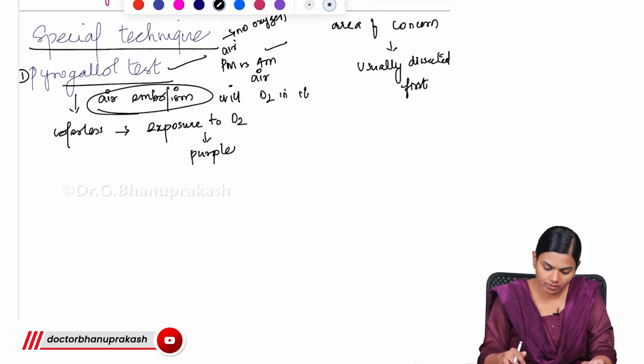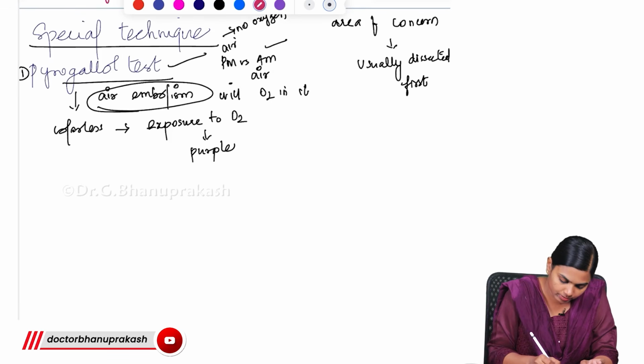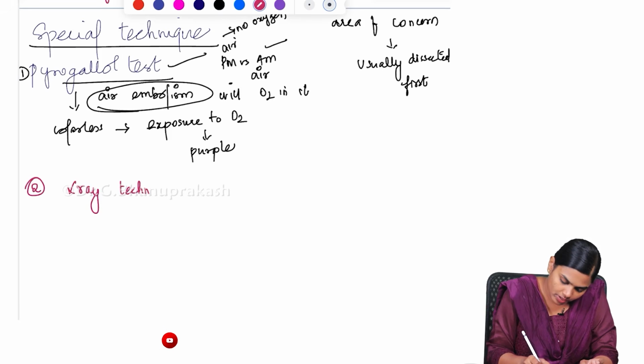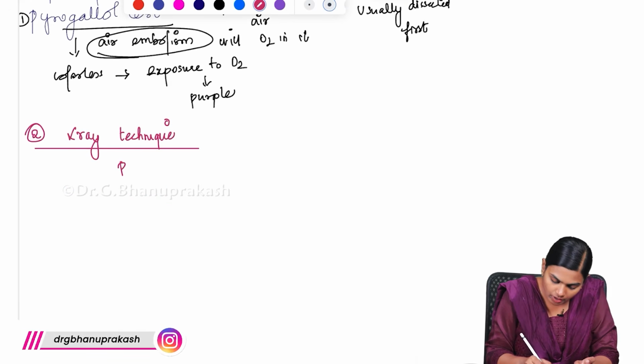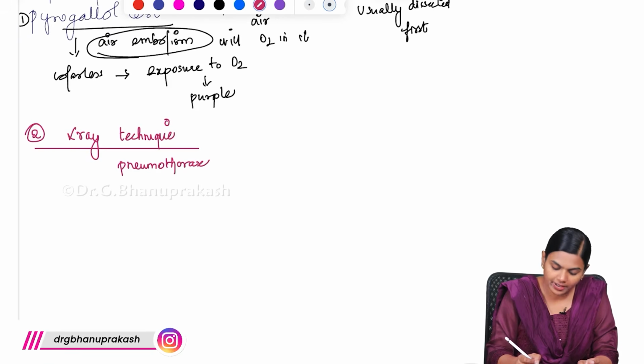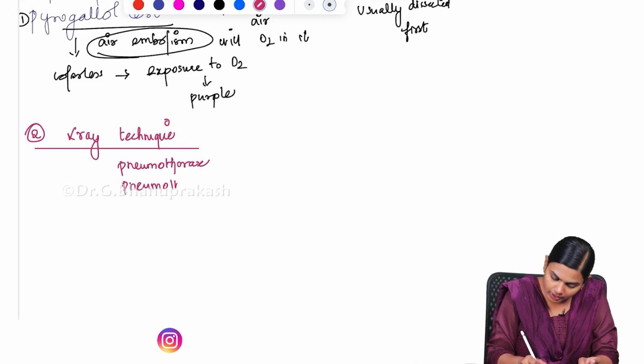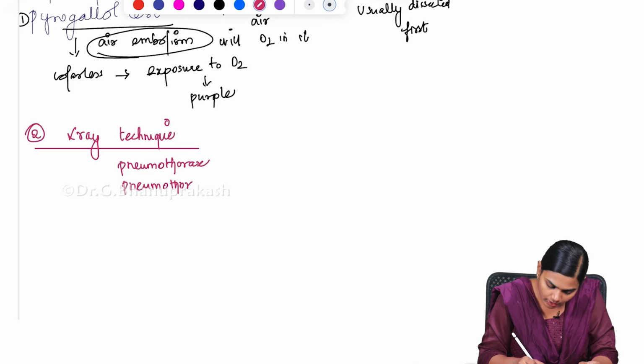After that, what we have to know is X-ray. This X-ray technique is useful in a lot of cases, especially pneumothorax and pneumomediastinum, all the cases where you suspect accumulation of air.